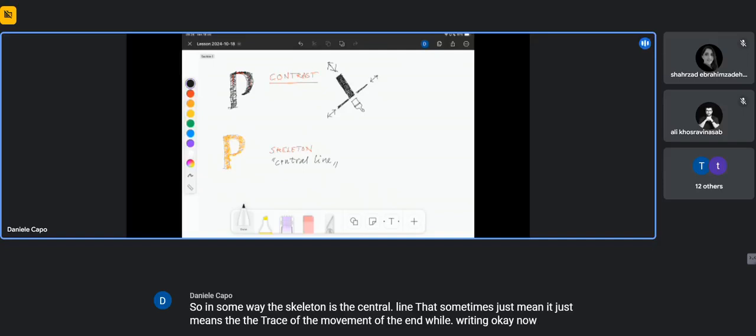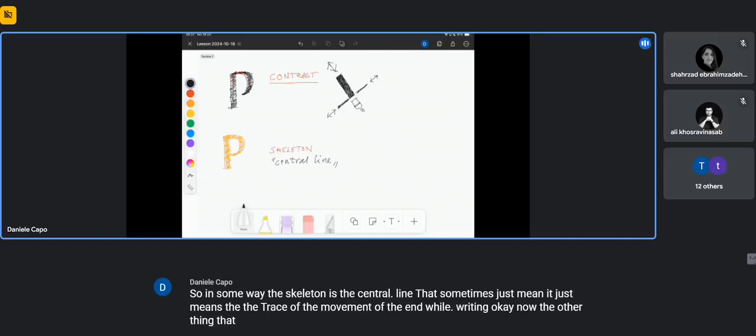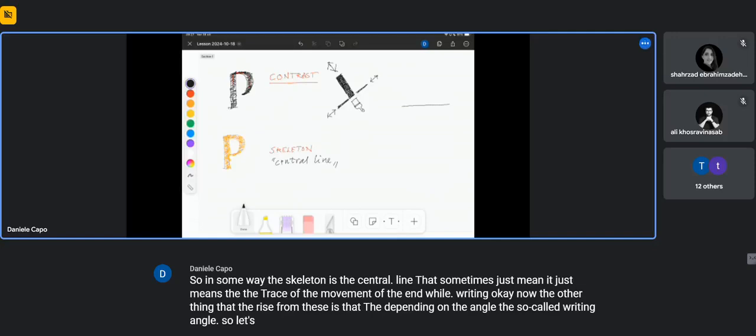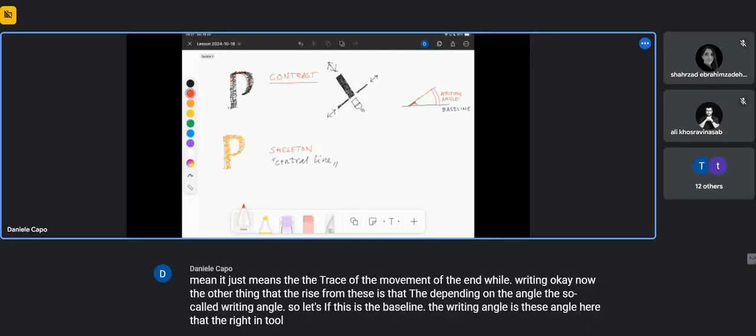Now, the other thing that derives from this is that depending on the angle, the so-called writing angle, so if this is the baseline, the writing angle is this angle here that the writing tool, the pen, creates with the baseline.